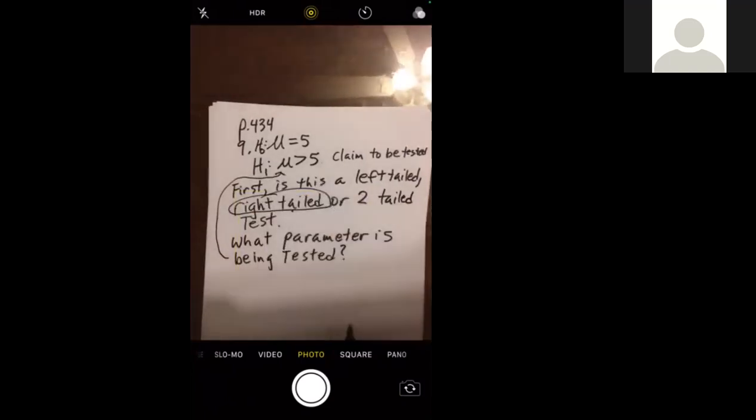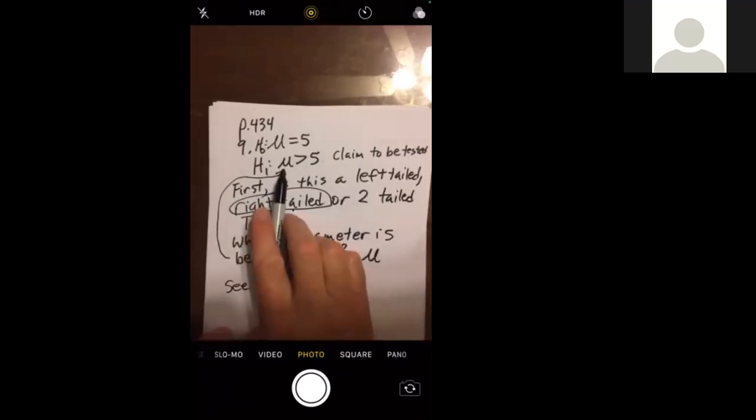That symbol right there. That is what is being tested. So for this one, the answer is mean. You will also see in other problems P for proportion, you might see standard deviation tested, etc. But we're pretty much going to stick to means. That's the parameter that's being tested, that symbol, whatever it is, right there.